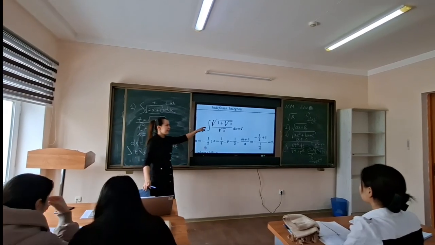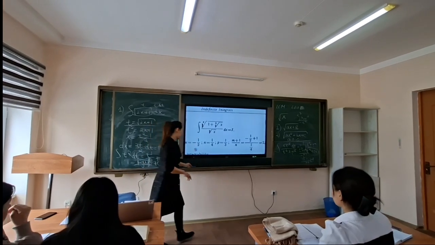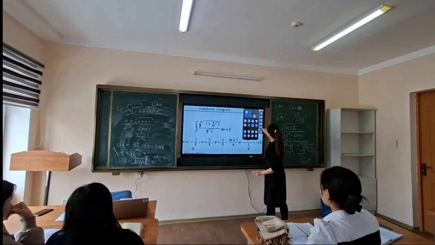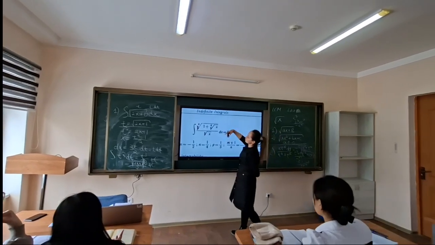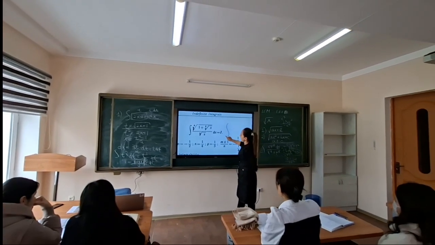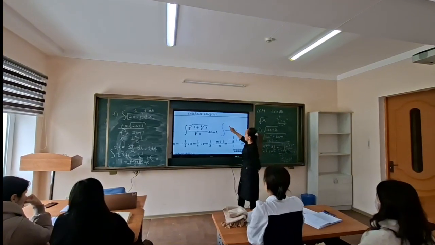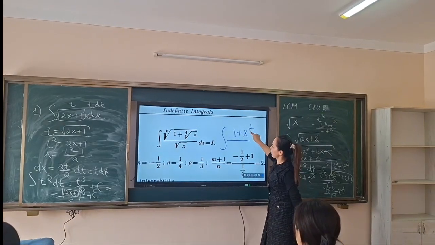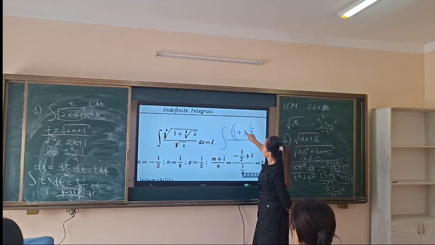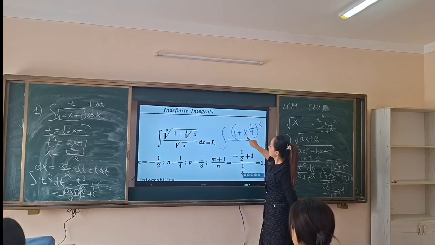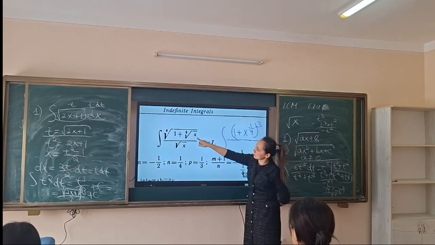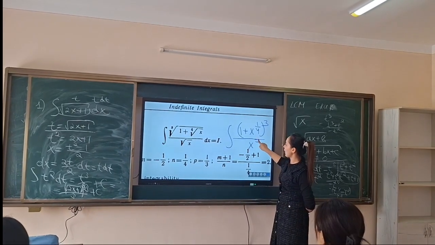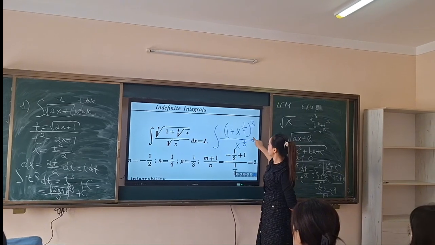And here is an example, and we should write it like a binomial differential: integrate (1 plus x to the power 1/4) to the power 3, over x to the power 1/2, dx.